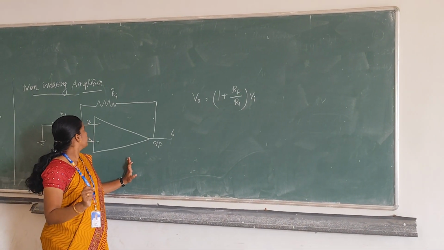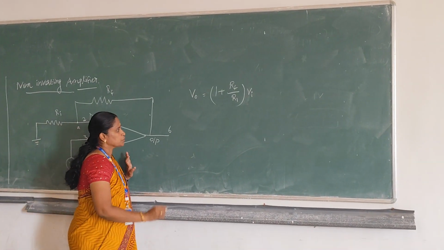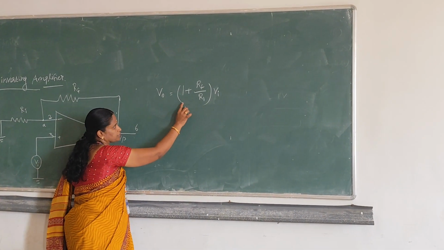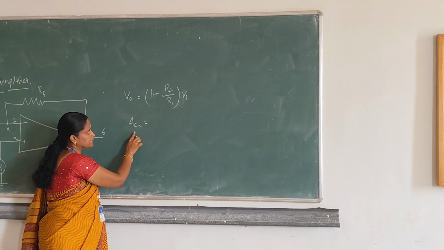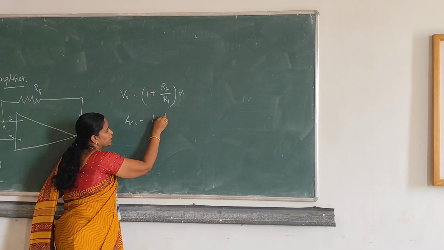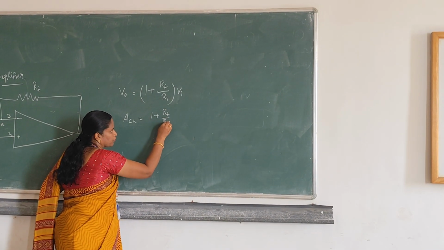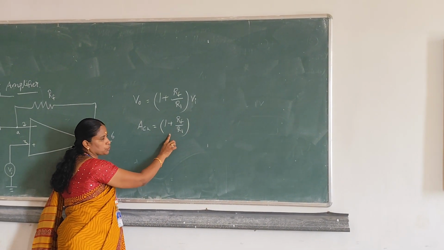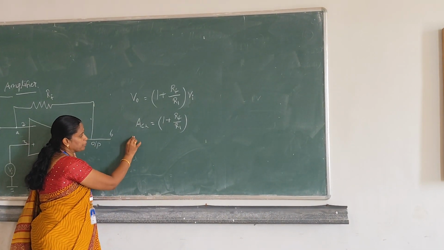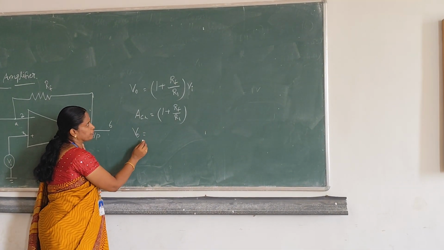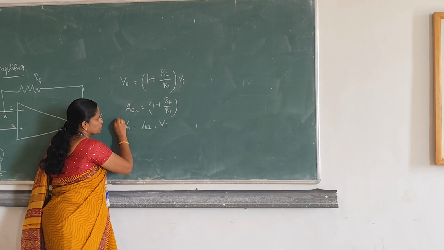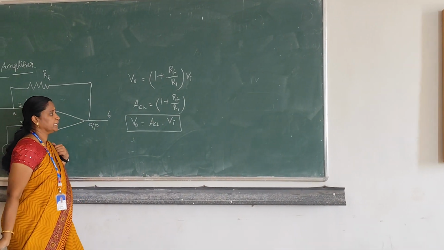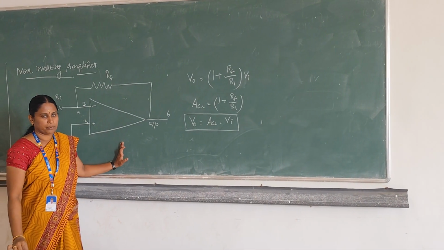The closed loop gain ACL is 1 plus Rf by R1, so we can reframe the output equation as V0 equals ACL into Vi.